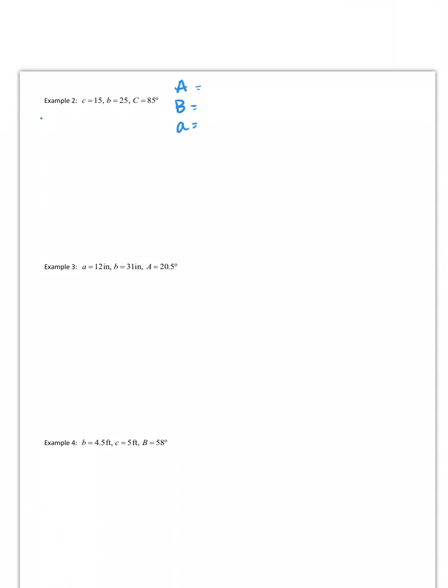We know that little c is 15, and over the sine of big C, I can find the sine of big B. Okay, so if I do my algebra, cross multiply, I know the sine of big B would then be equal to 25 times the sine of 85 divided by 15. So my calculator tells me that the sine of B is then 1.66, on and on and on.